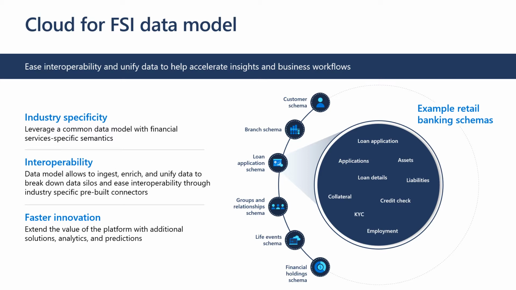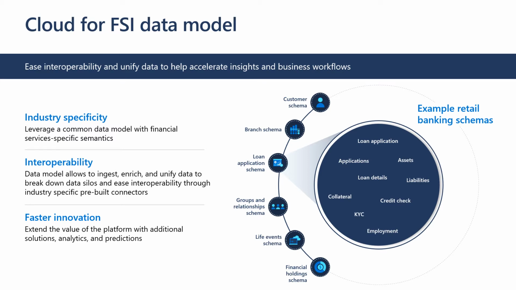Interoperability: the data model ingests, enriches, and unifies data to break down data silos and ease interoperability through industry-specific pre-built connectors. Faster innovation: extend the value of the platform with additional solutions, analytics, and predictions.